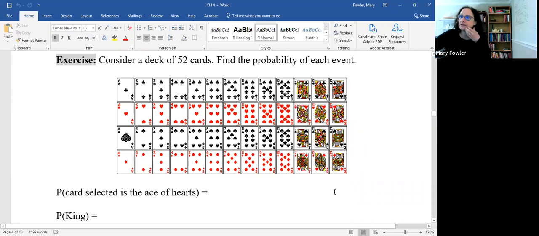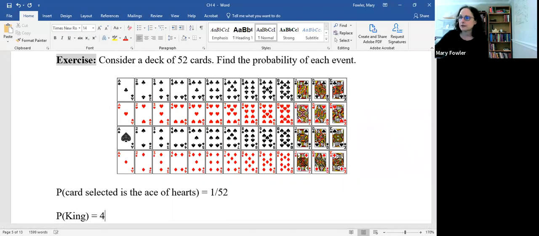So capital N is 52. The probability that the card selected is the ace of hearts is going to be the number of ways you can choose the ace of hearts, which is 1, divided by the size of the sample space, which is 52. Okay, and we can leave it in that form because it's cards. The probability of getting a king: how many kings are there in the deck?